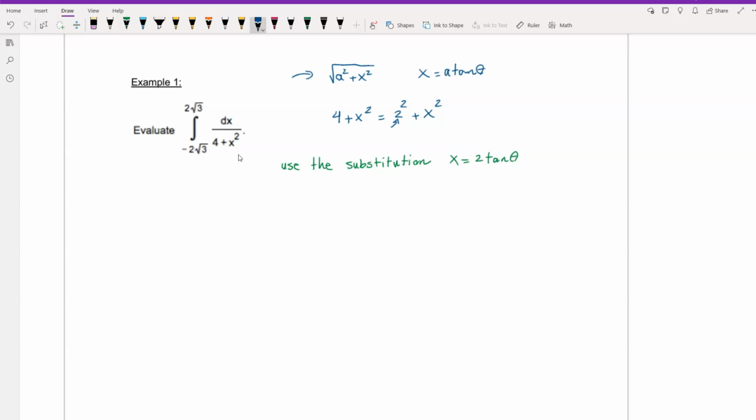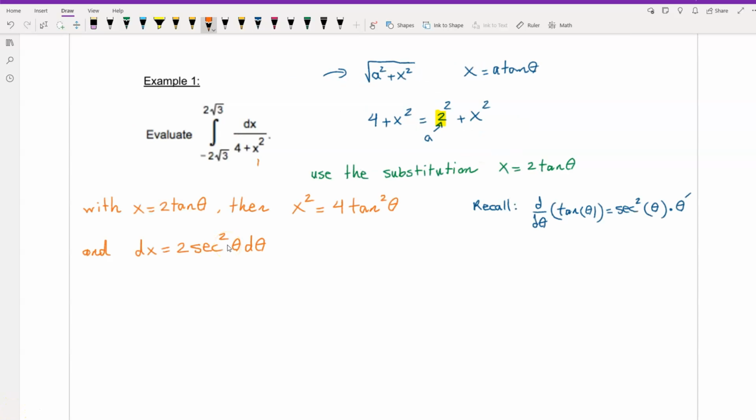This means we're going to use the substitution x equal to a times tangent theta, and a is 2 because of what I have here. So x is equal to 2 times tangent theta. In this part we have x squared. Use x equal to 2 times tangent theta and find x squared. So x squared is equal to 4 times tangent squared theta.